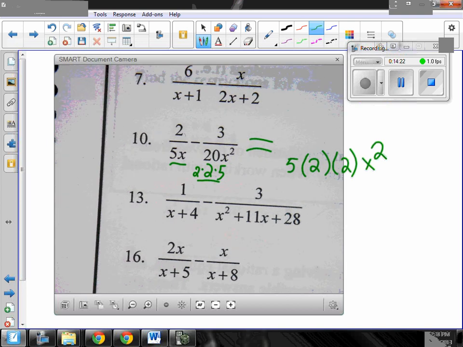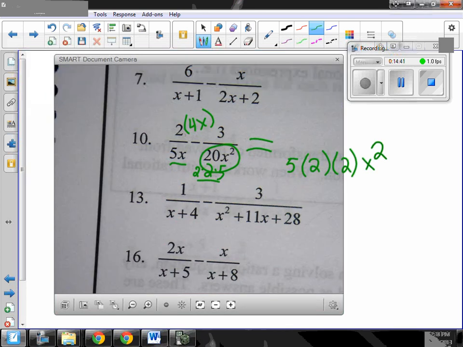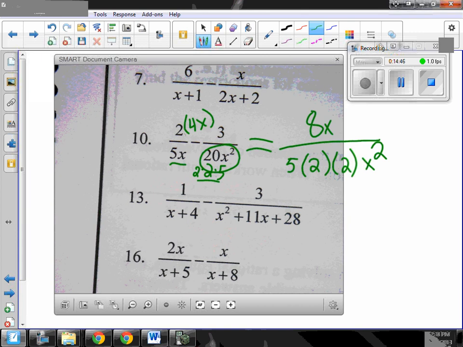What is the 20x squared missing? Nothing. It has everything. What is the 5x missing? It needs 1x, and it needs a 2 times a 2. So I'm going to multiply this by 4x. And that gives me 8x minus 3.